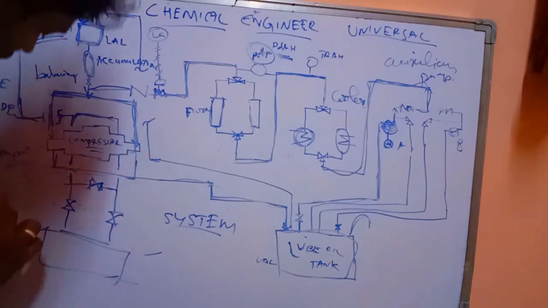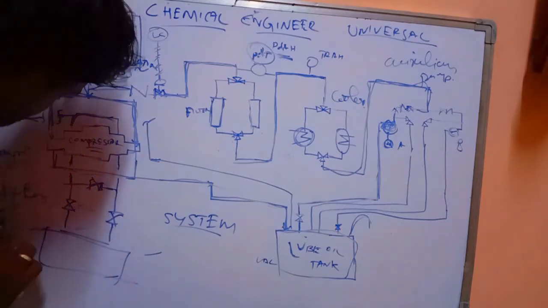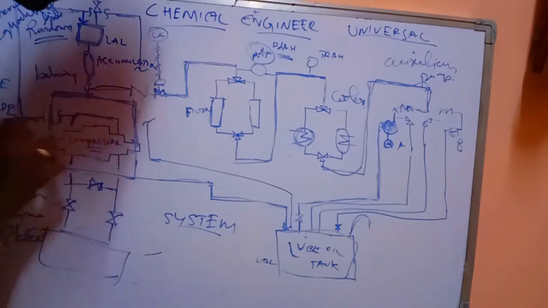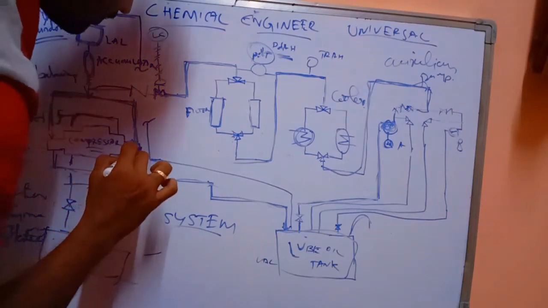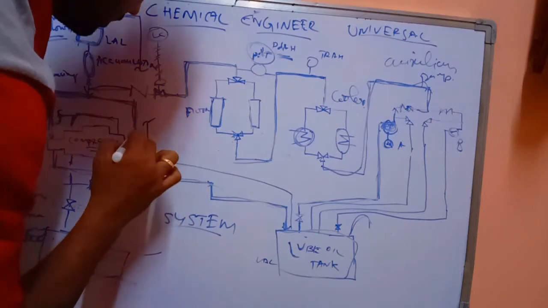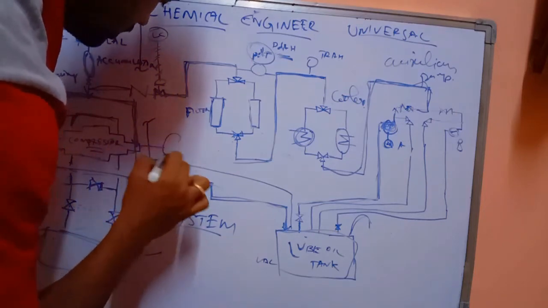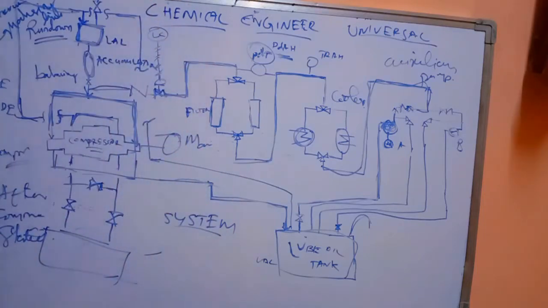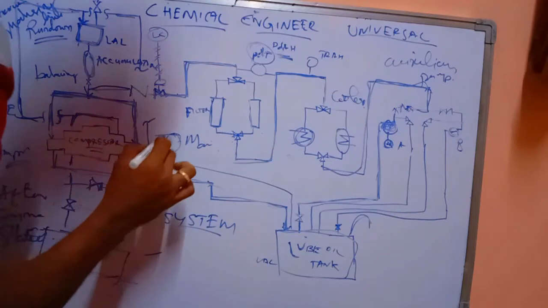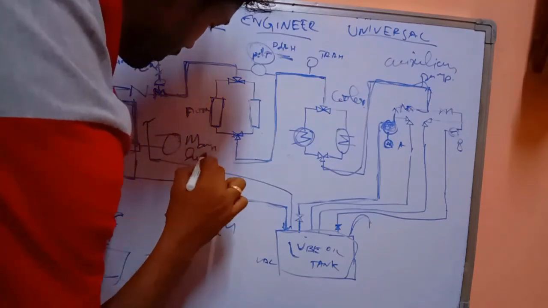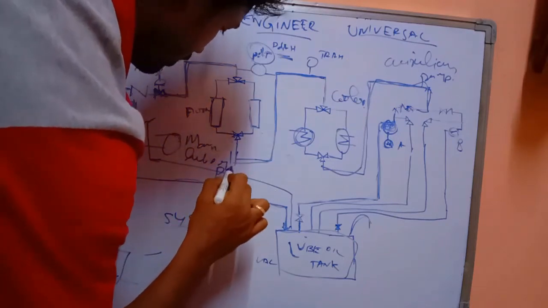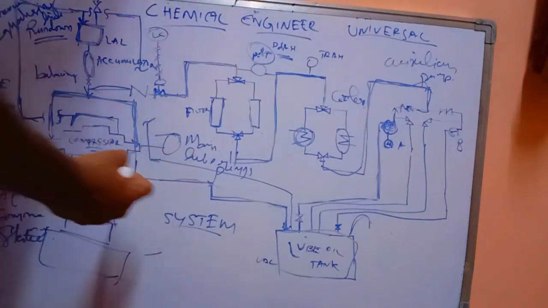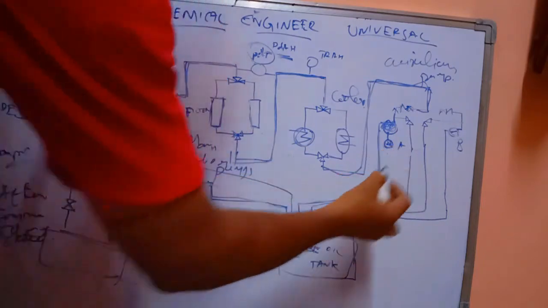So after the compressor started, there is another lube oil pump attached here. We call it the main lube oil pump. This main lube oil pump will take over the lube oil system, and now we don't need to run the auxiliary.